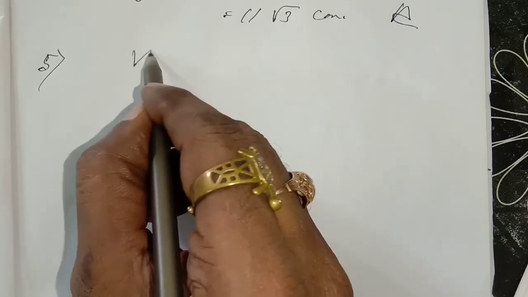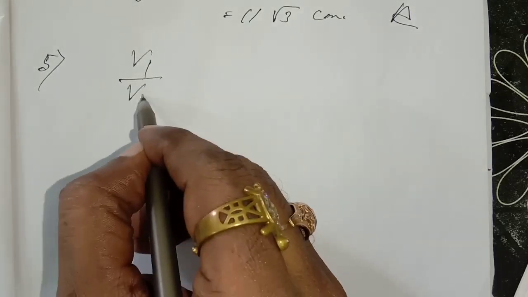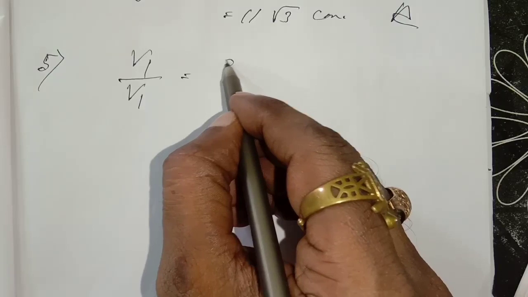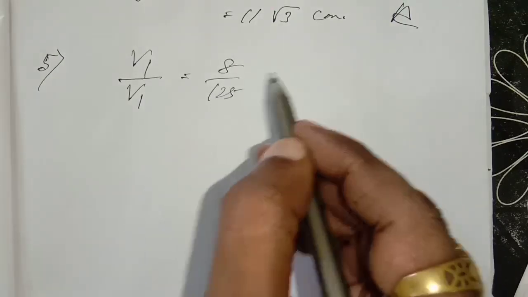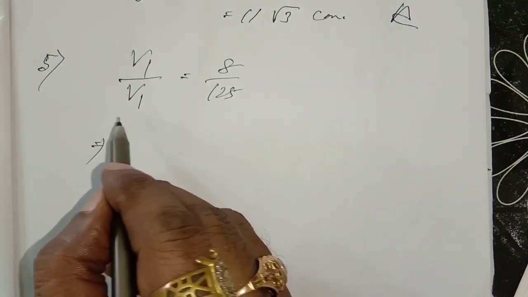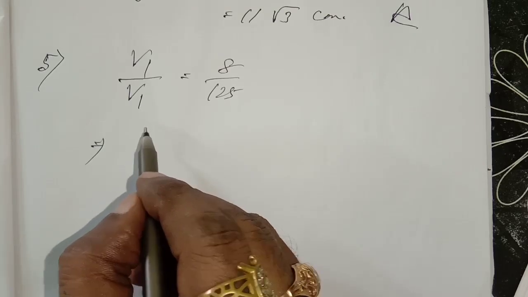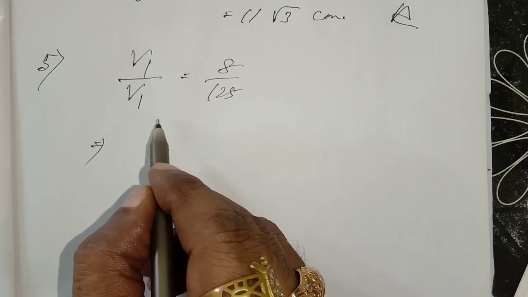The ratio of volumes of two cubes means V1 by V2, given as 8 by 125. What is the volume formula? Side whole cube.